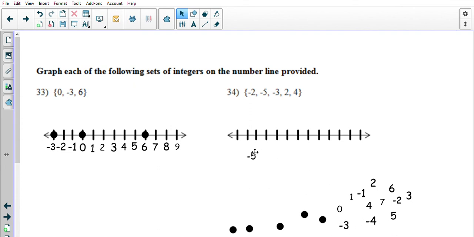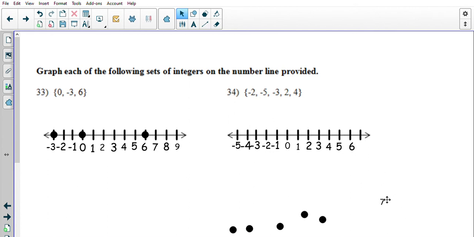So I'm going to bring this one up. I've got negative 5, negative 4. There we go. Negative 3, slide that in there. They're going to be squished together a bit. Negative 2, negative 1, 0, 1, 2, 3, 4, 5, 6, and 7.